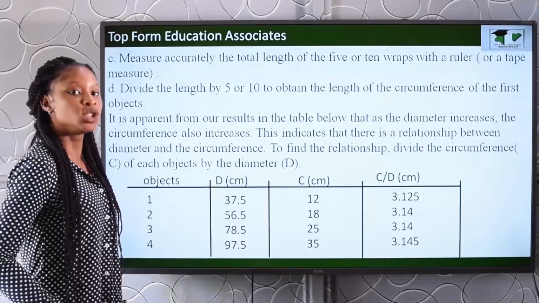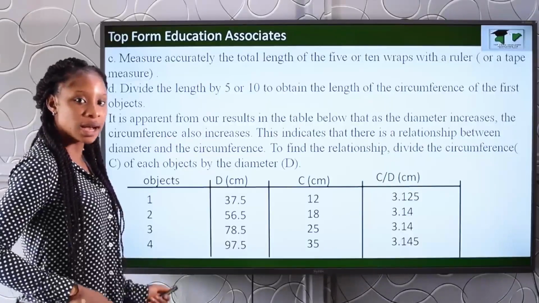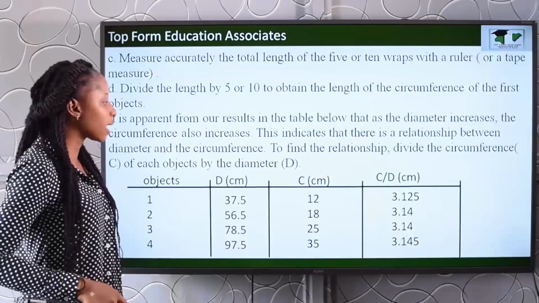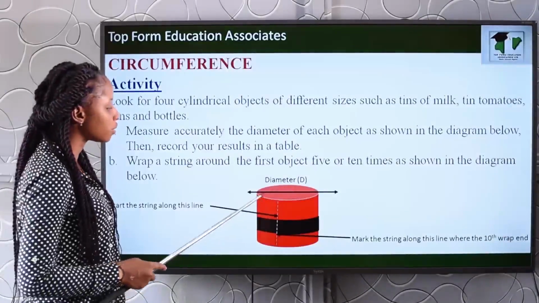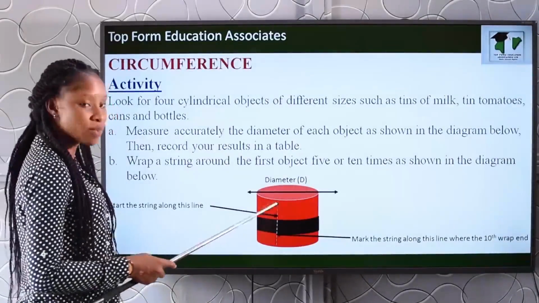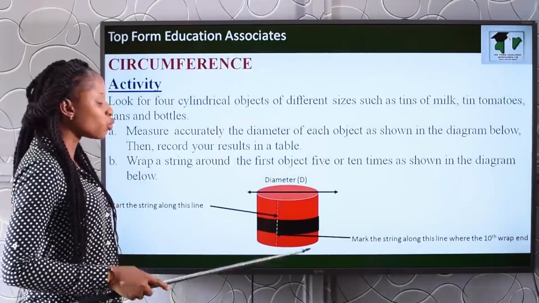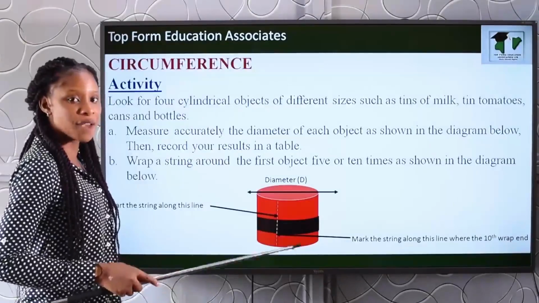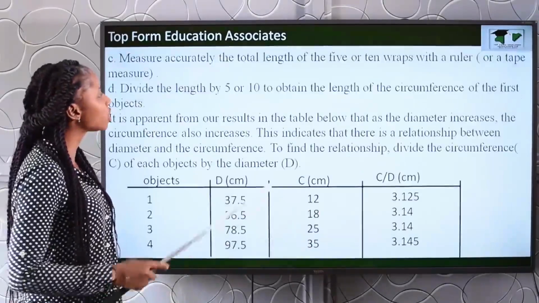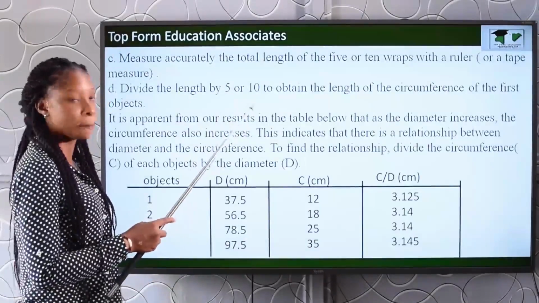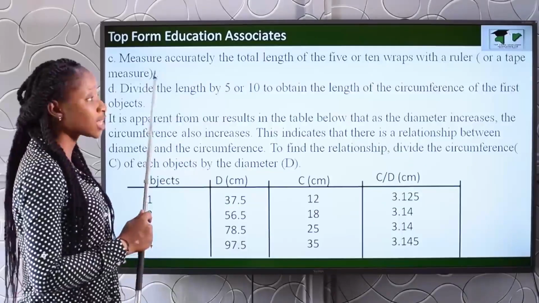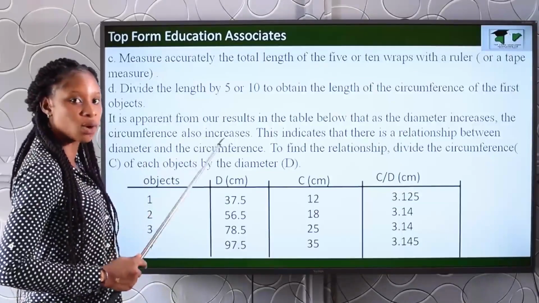The activity says you should take a can and measure the diameter, like we've seen how to measure a diameter. It's shown here. Then you take a string or a rope and wrap it around the tin 5 or 10 times. Then you measure the length of that string, and as you are measuring, you take a record.